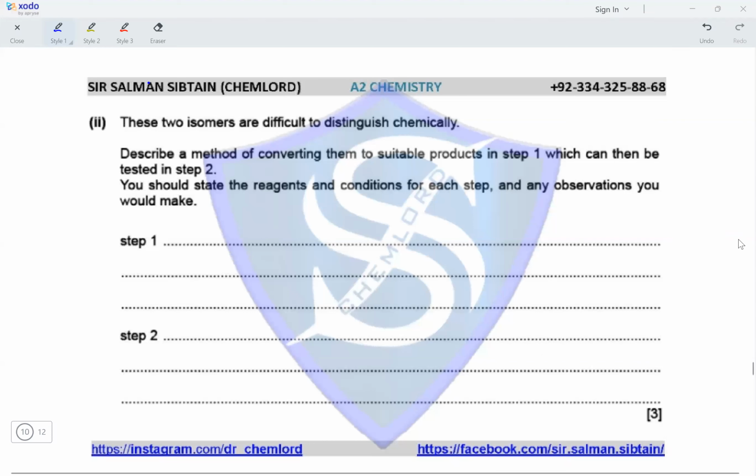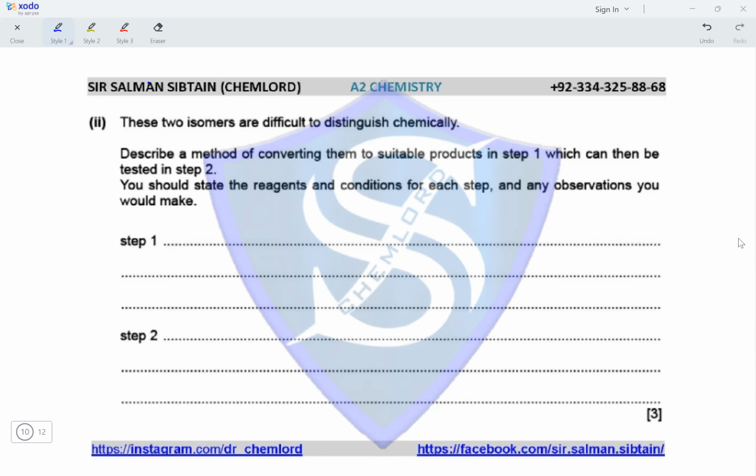These two isomers are difficult to distinguish chemically. Describe a method of converting them to suitable products in step 1, which can then be tested in step 2. You should state the reagents and conditions for each step and any observations you would make. So we have one of the esters having a phenyl group in place of the alcohol and the other having a methyl group.